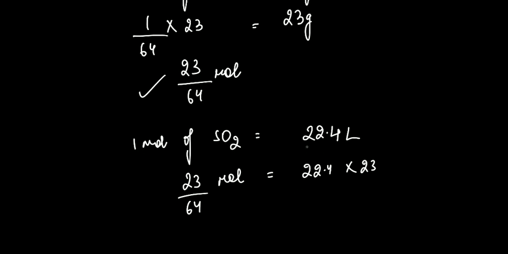So this 1 will go in the denominator, 22.4 divided by 1. So I'll write it into 23 divided by 64. We don't have to do it reciprocal over here. It's going to be directly multiplied. So we can calculate 22.4 into 23 divided by 64.